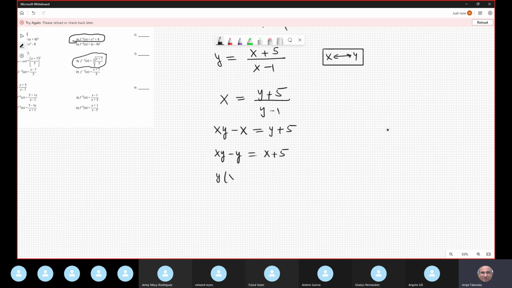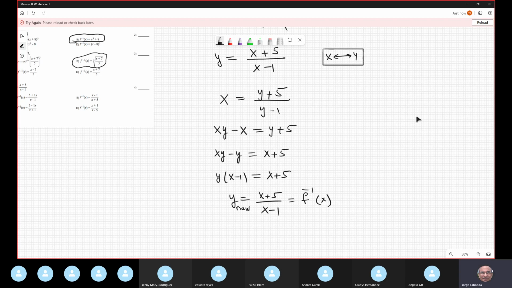Factor out y: y times x minus 1 equals x plus 5. So we have y alone equal to x plus 5 divided by x minus 1. And this is a new y, which is exactly the inverse function.